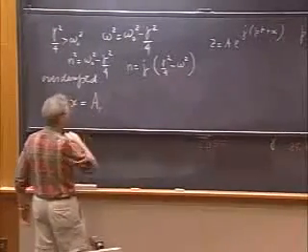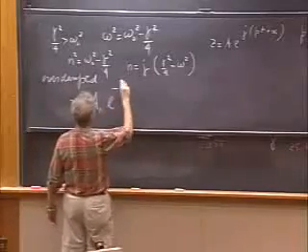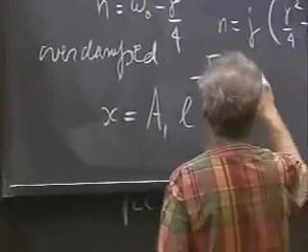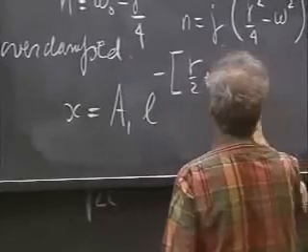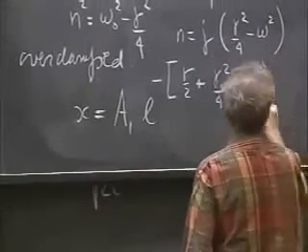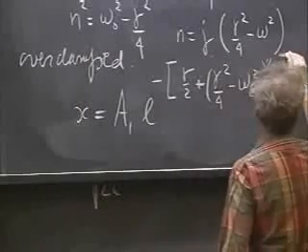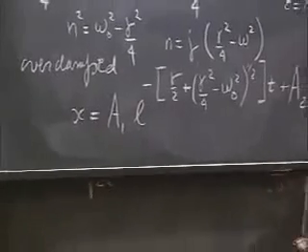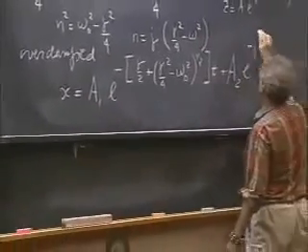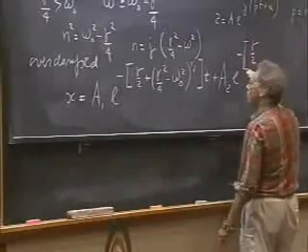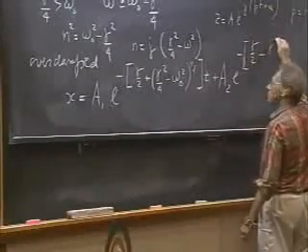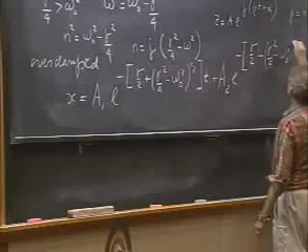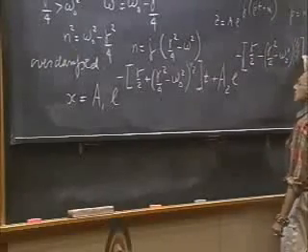A1, it's determined by the initial conditions, e to the minus, and now we get gamma over 2 plus gamma squared over 4 minus omega 0 squared to the power 1/2 times t, plus a2 times e to the minus gamma over 2 minus gamma squared over 4 minus omega 0 squared to the power 1/2 times t.